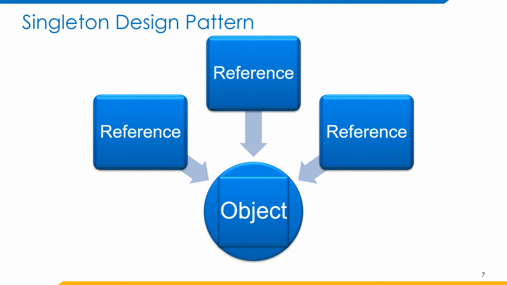Suppose we want to create a class like database properties that we want to use multiple times in a project, but all the database properties should be the same in all places. So we can make the class a singleton, and we will use that object in different places for different purposes. There are many other examples of singleton classes.